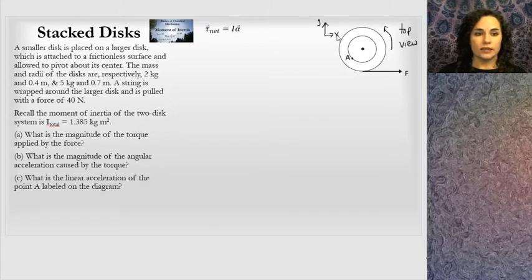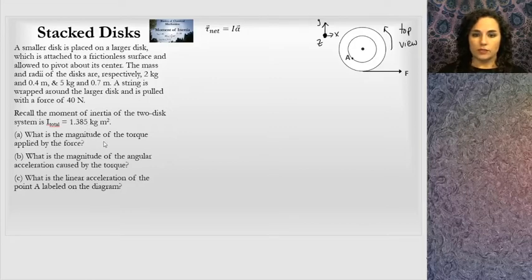I can assign X and Y, but I don't think I'll need to decompose any force. But what I will need is a direction for the torque. And so I'm going to have Z out of the page. I'm going to note if I do right-hand rule, I have the counterclockwise direction, which results in my thumb out of the page, and the torque will be positive out of the page for this force.